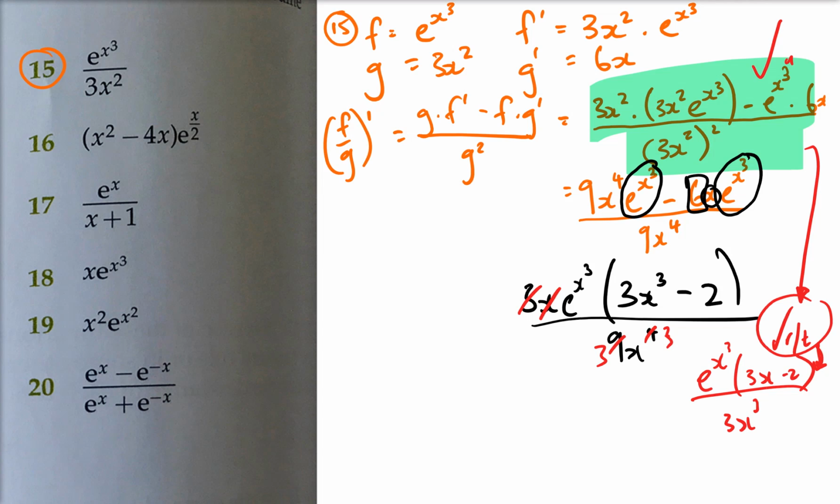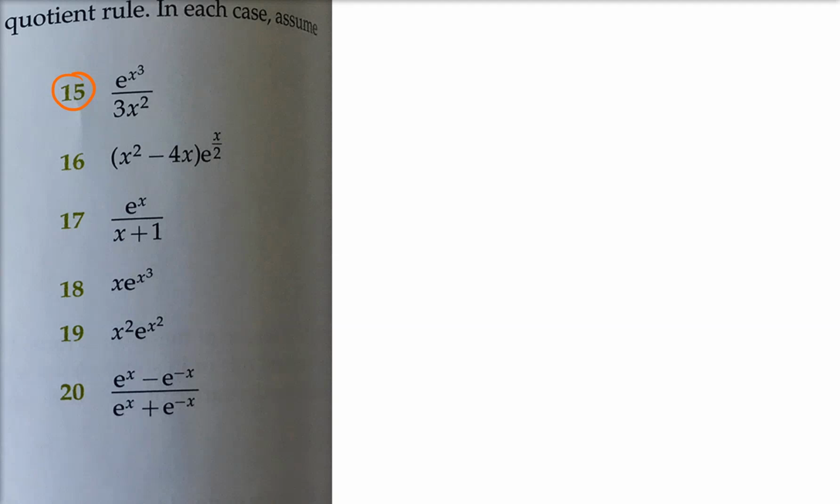Just looking at another question here, is there another question that we could do? That was a quotient one, so how about we look at a multiplicative one, a product rule one. Let's have a look at 16, because that probably looks a little bit harder than the bottom ones. I'm not saying it is, but it looks a little bit harder.